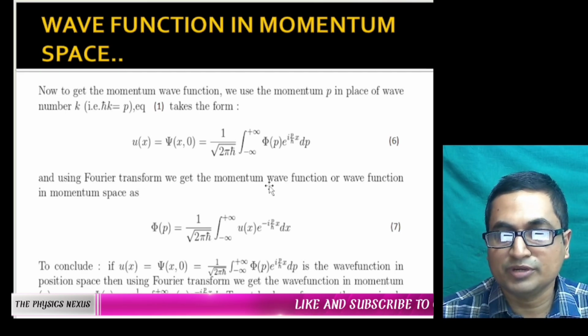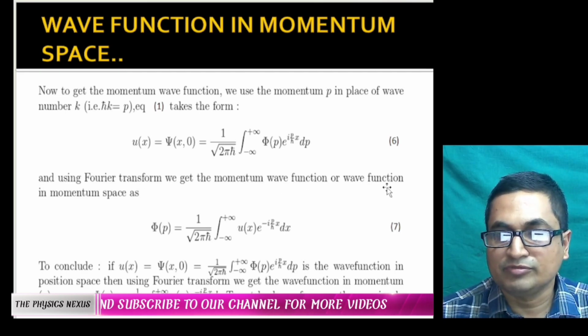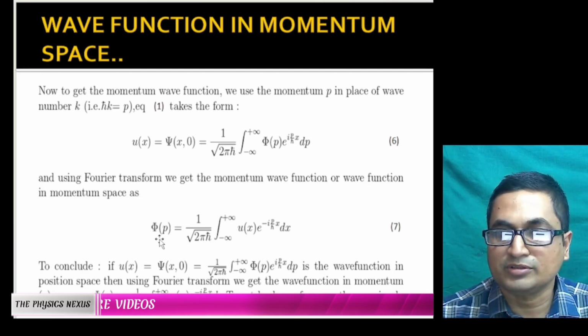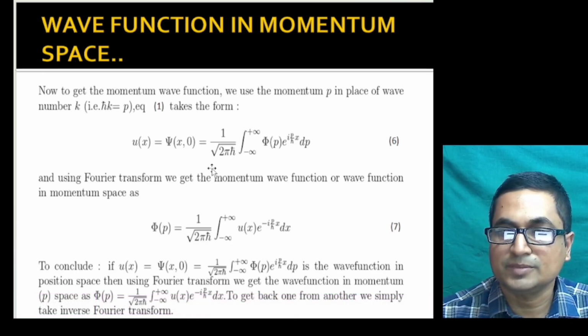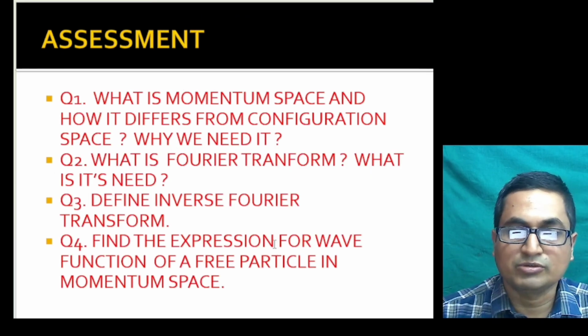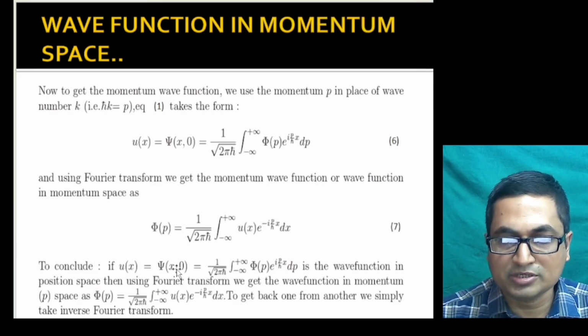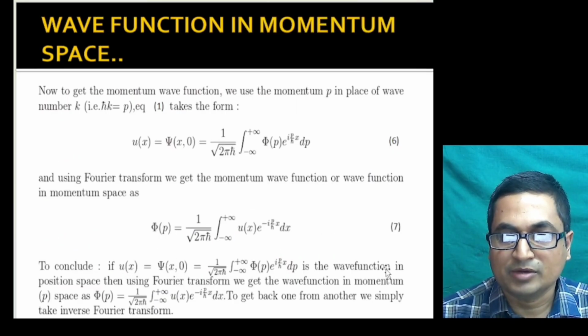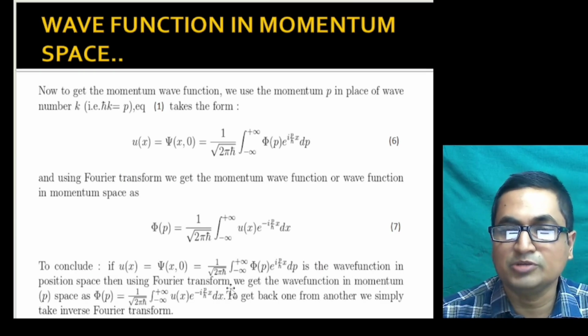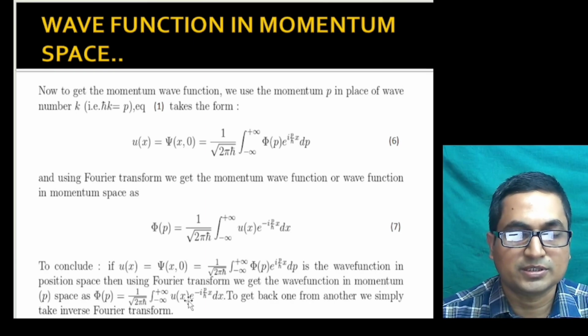And again using the Fourier transform, the wave function in momentum space is this, and u(x) is equation 7. We can conclude that if u(x) is equal to this, the wave function in position space, then using the Fourier transform we get the wave function in momentum space like this.